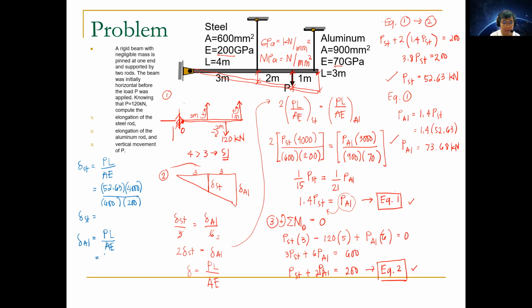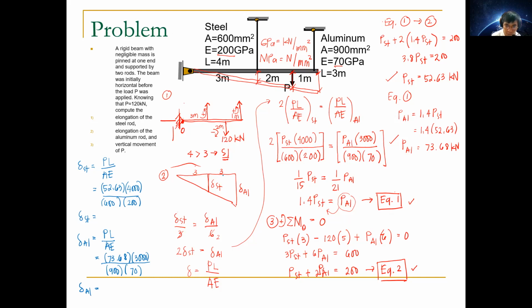So that would give us 73.68 multiplied by 3 meters, that would be 3,000, divided by the area, 900 mm squared, then 70 gigapascal. For the vertical movement of P, you may just use ratio and proportion.